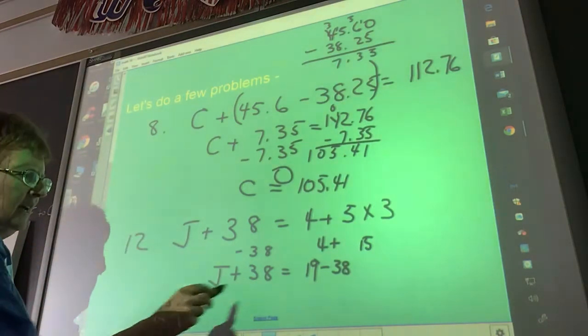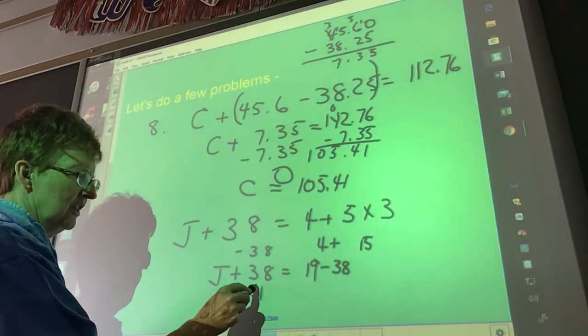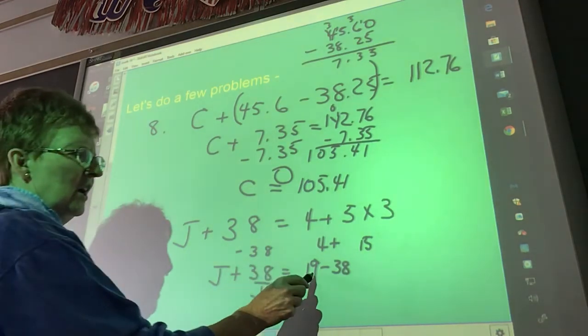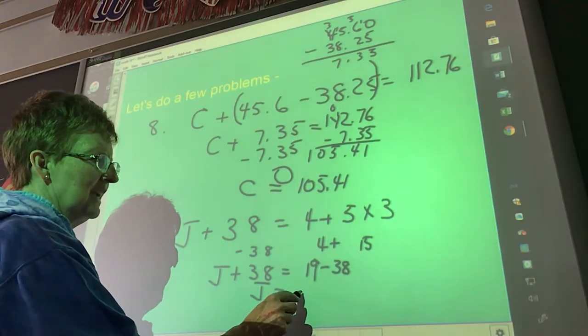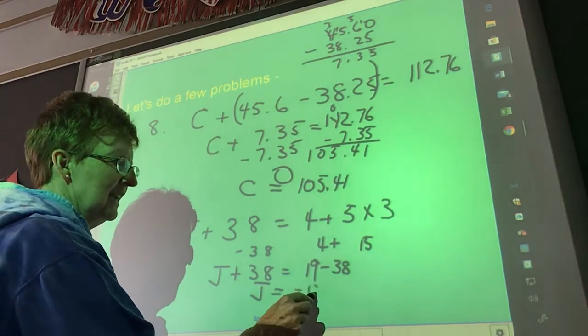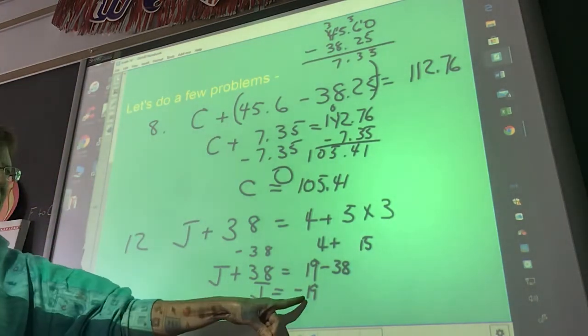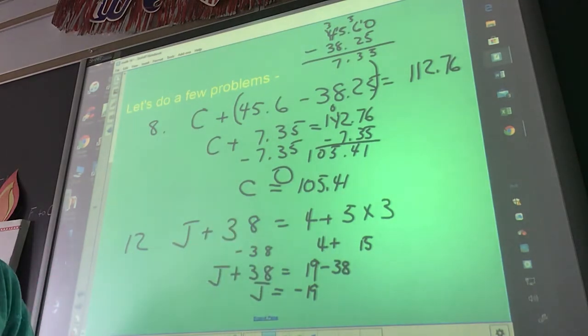And here it's going to be 0. There's nothing there. I'm just going to have J left equals 19 minus 38, which is going to be a negative 19. So there you have it. If I put a negative 19 up here in this problem, it would work out.